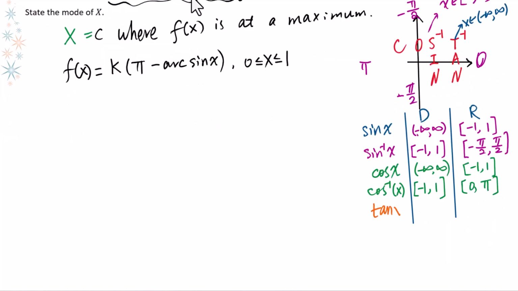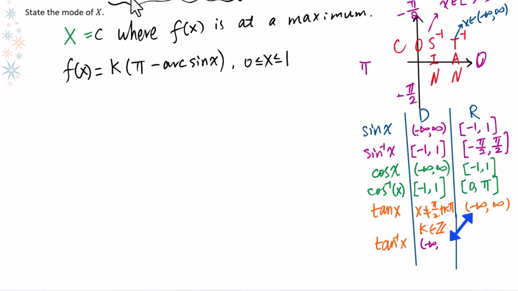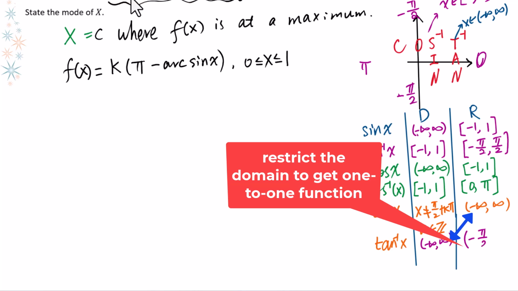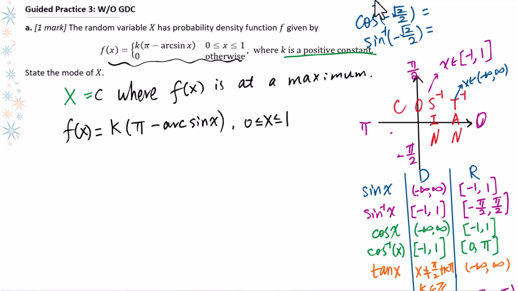For tangent x, domain is x not equal to pi over 2 plus k pi, k is all integers. Range is all real numbers. Therefore, for inverse tangent x, domain is all real numbers. Range is negative pi over 2 to pi over 2. For example, let's compare these two inverse functions.